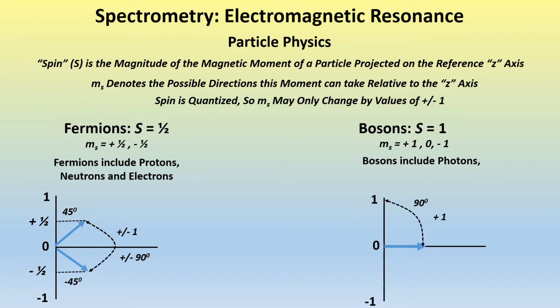Therefore, changes of plus or minus 1, again 90 degrees, would orient the spinning particle directly up, orthogonal to the z-axis with a shadow of 0, or directly down with a spin state of minus 1.